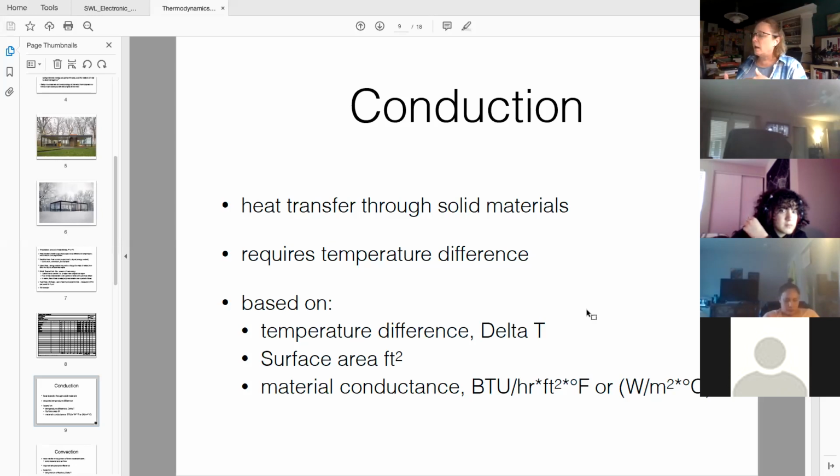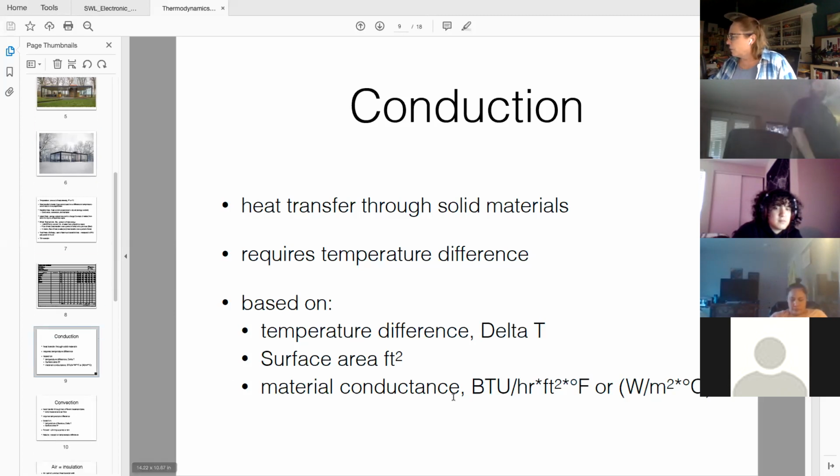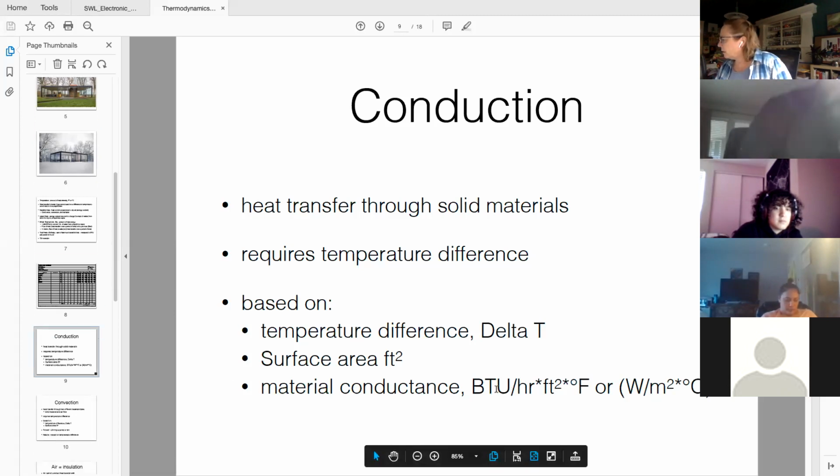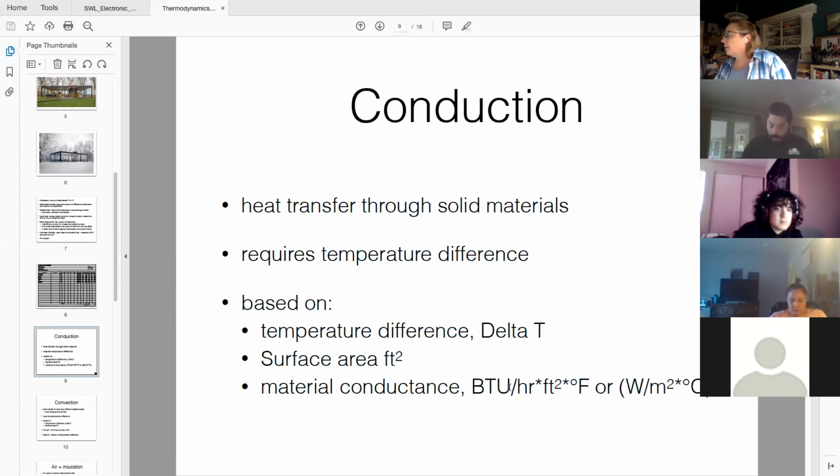So there's a range, and every material is a little bit different. If you're doing a lot of calculations, you just use the charts and look it up. What that is measured in is BTUs per hour times the area times the delta T, which is in Fahrenheit.